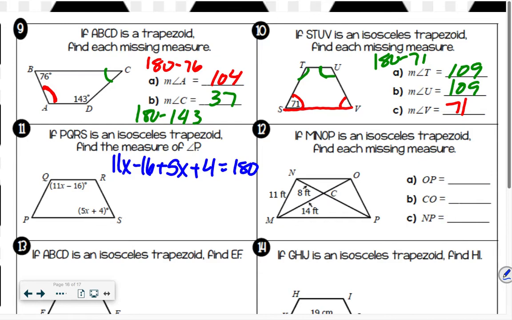If I combine my x's, how much x do I have? 16x minus 12. Good. Add my 12 over and we get 192. When I divide by 16, we get what?